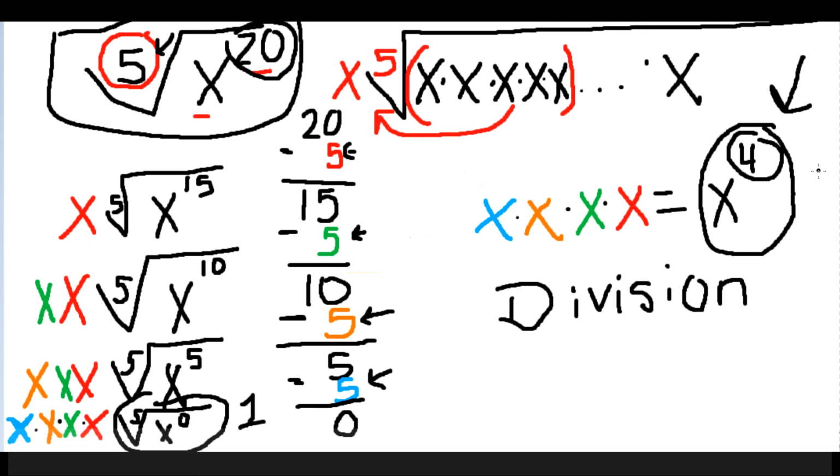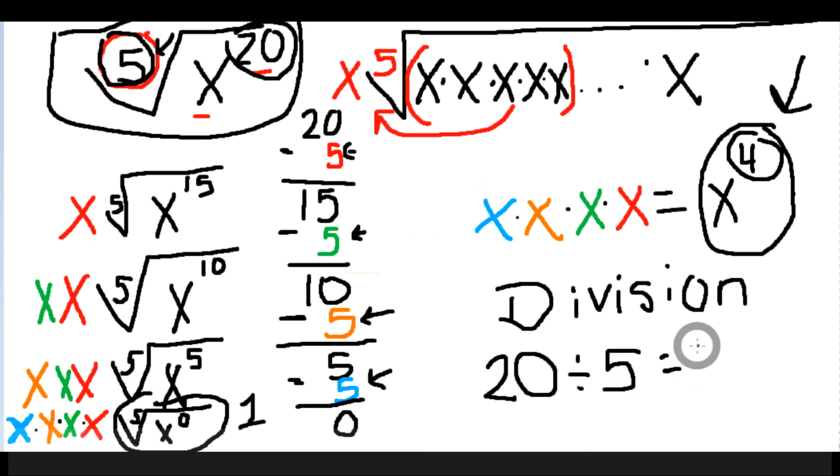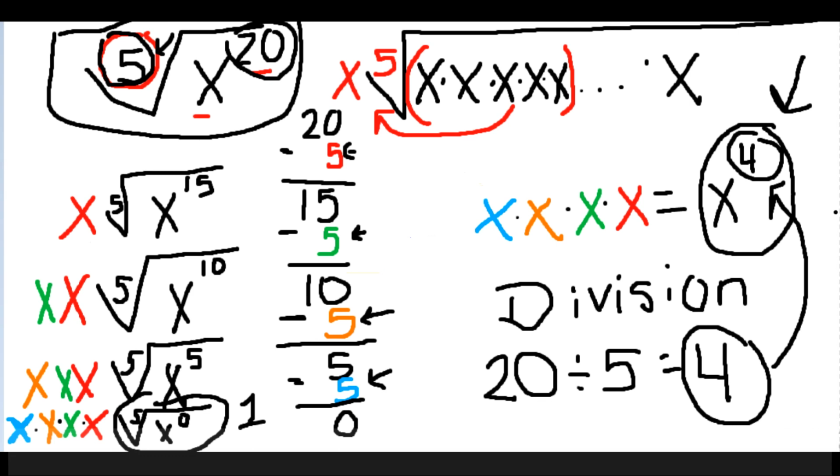What we did was we took our exponent on the inside and we subtracted groups of 5. We divided. So that exponent on the inside, that 20, we divided it by our index. That's the size of the groups that we were pulling out. What's 20 divided by 5, you guys? 4. And that gives us the number of copies we're left with on the outside.